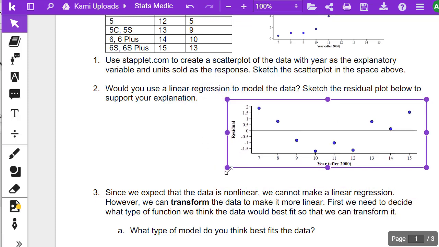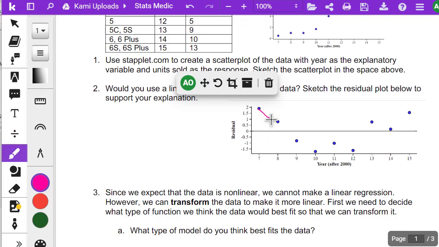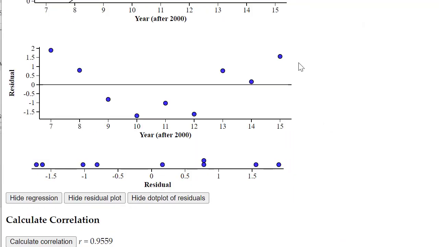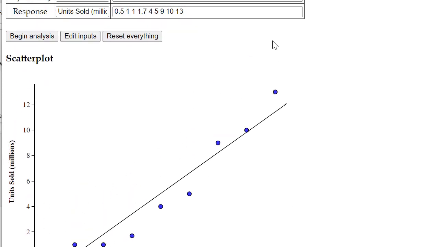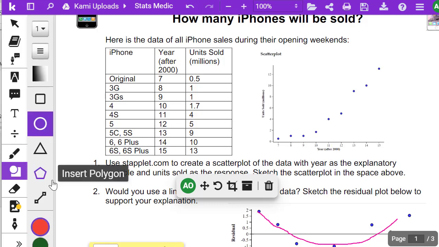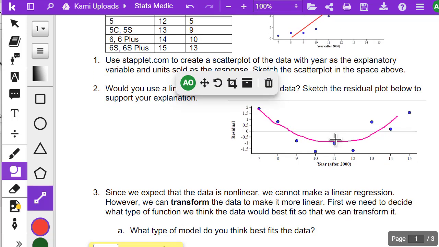The problem that we've got going on here is that we really do have a very curved pattern. If I look back at this Statplet for the regression, you can see there's the line. I'll try and draw what the original line looks like. It's going somewhere around here, something like that, and so it's creating a residual pattern like this.